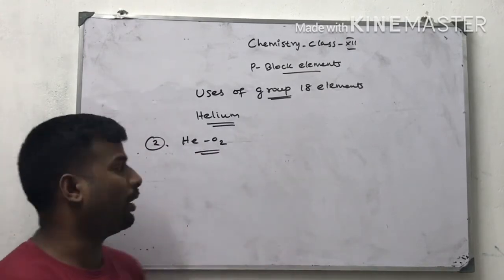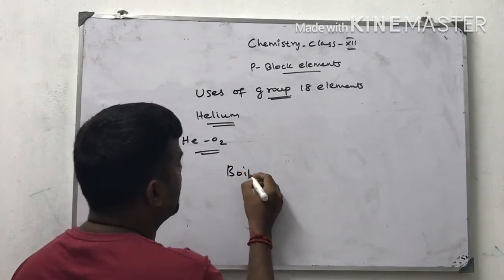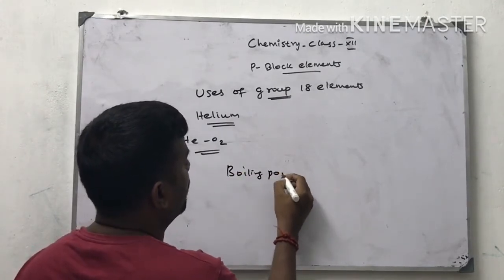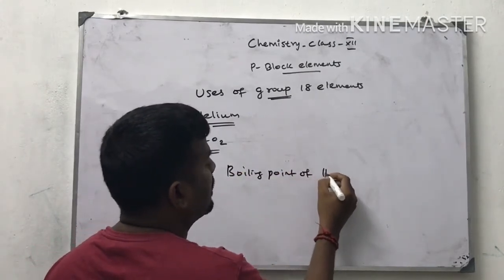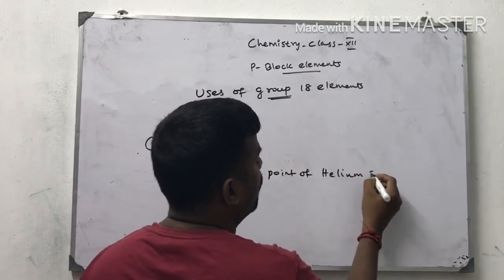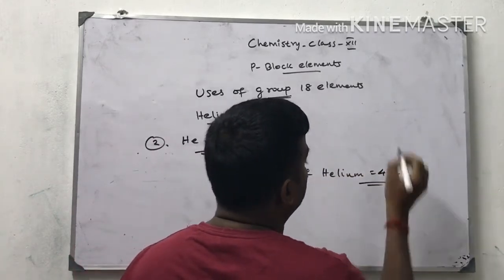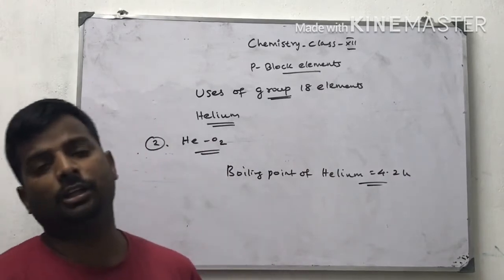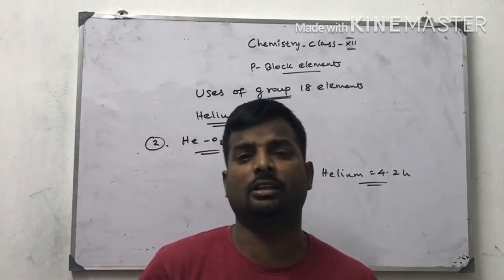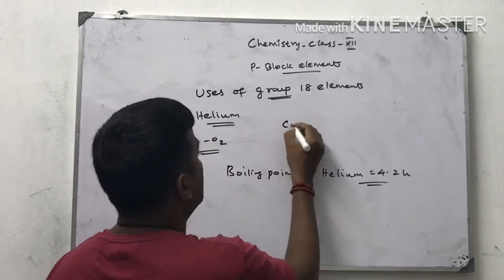The boiling point of helium is 4.2 Kelvin. Because of this special nature, it is used as a cryogenic agent. What is a cryogenic agent?